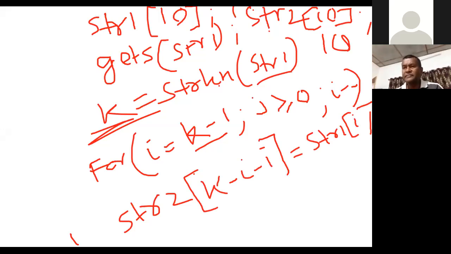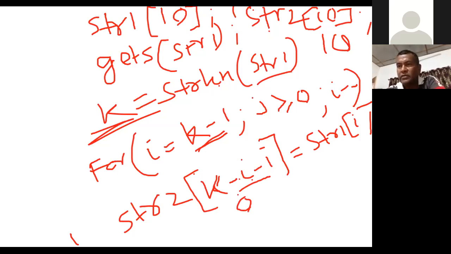What is K? If the string length is 10, 10 will be K. 10 minus what is I? 9, minus 1. So 10 minus 10, what will be there? 0.